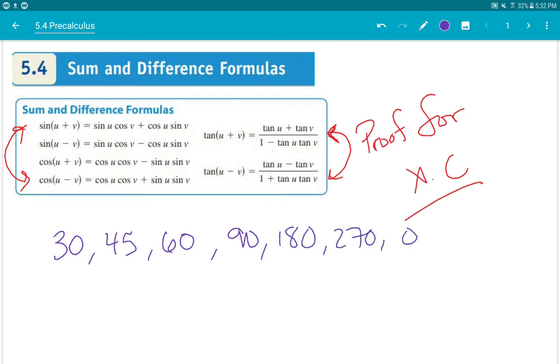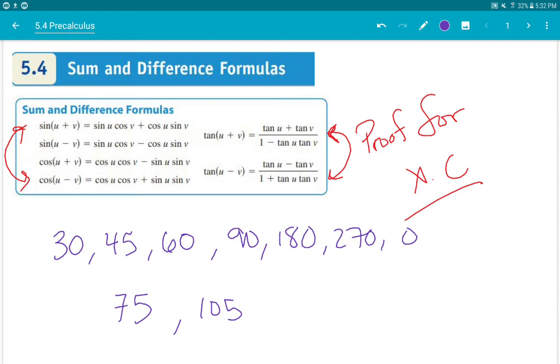We know a lot about those angles. But what if we wanted to figure out 75? Or what if we wanted to figure out 105 or something like that? How can we come up with these angles giving us an exact value instead of relying on a calculator? Because a calculator doesn't necessarily give us the exact value.